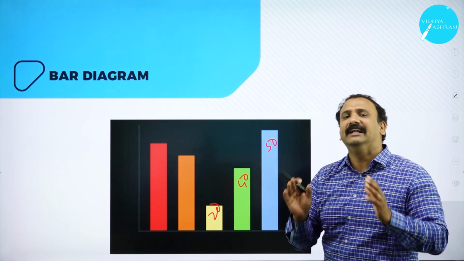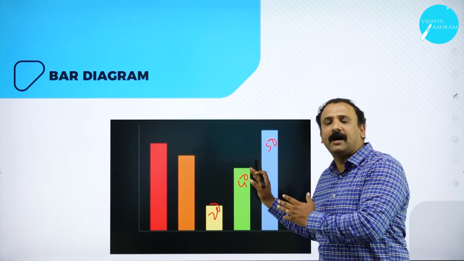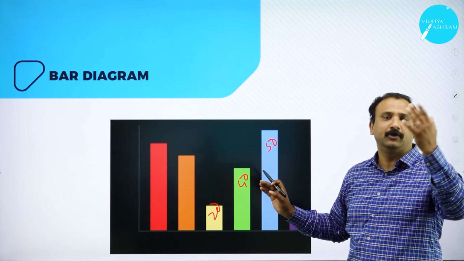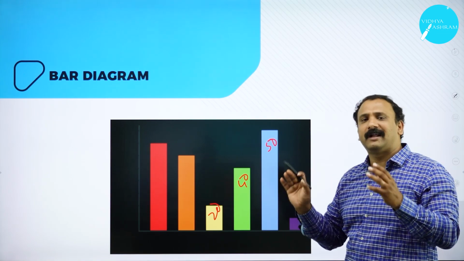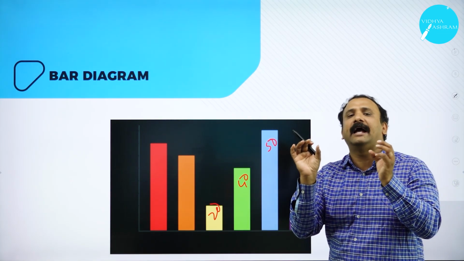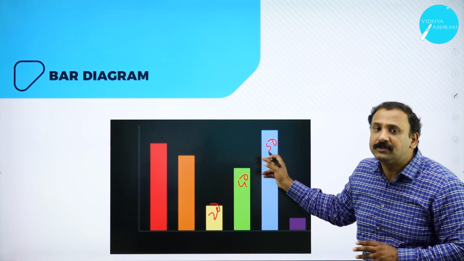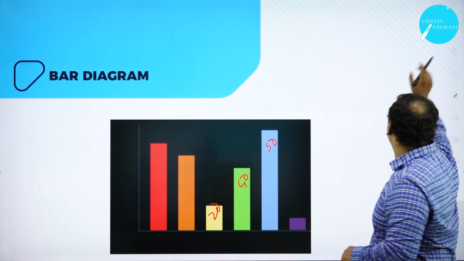So when you take individual random sample data, you can represent them by bar diagram in your graph sheets, in your Excel, so that they look attractive and they are also able to tell you the meaning clearly at the given point of time. So that is why it matters a lot in terms of using the bar diagram.